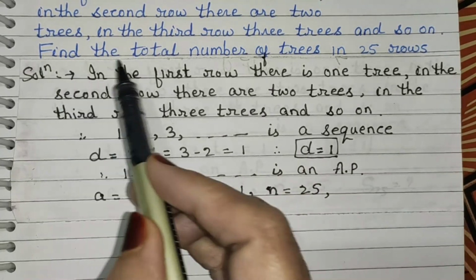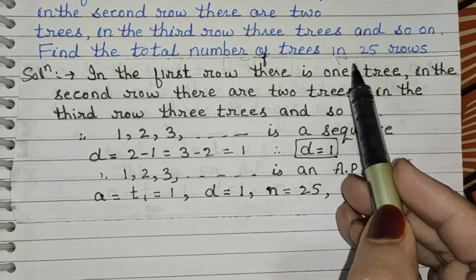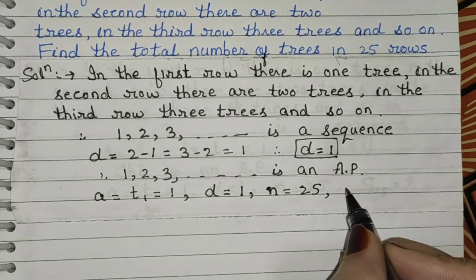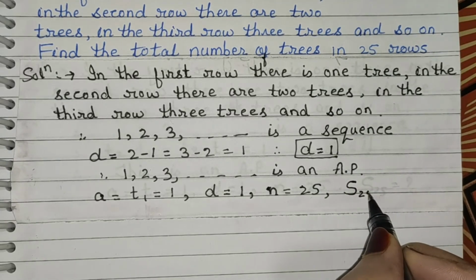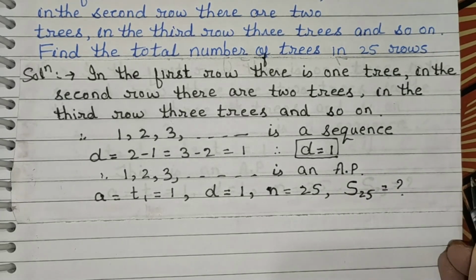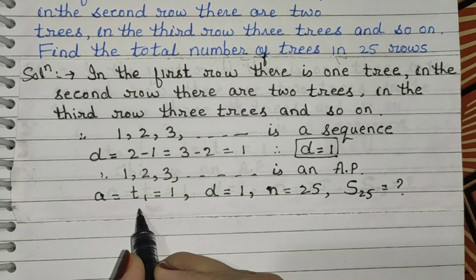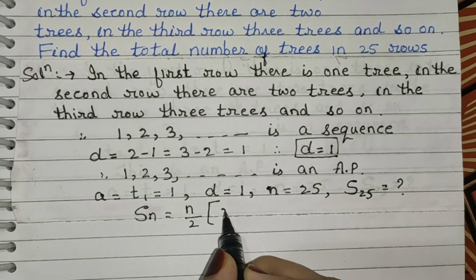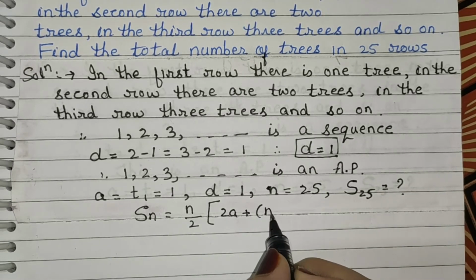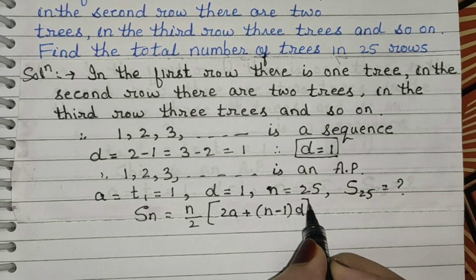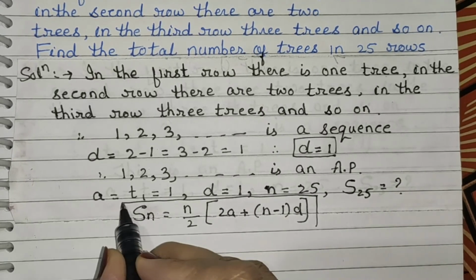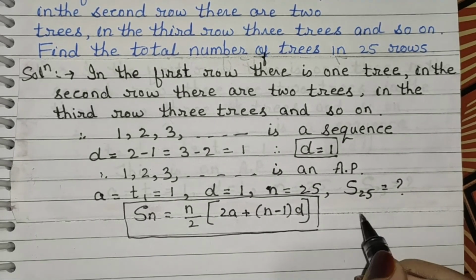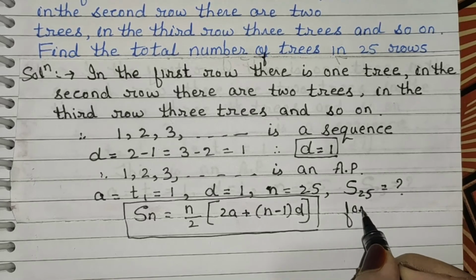Our aim is to find the total number of trees in 25 rows, means S25. Now by using formula Sn equals n by 2, 2a plus n minus 1 into d. It is a formula.